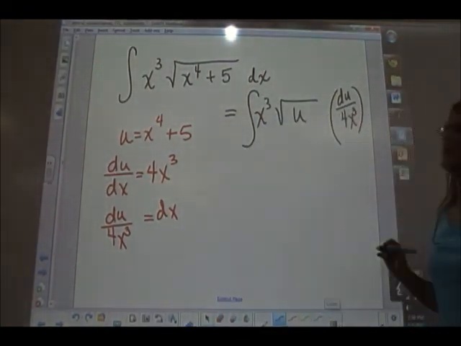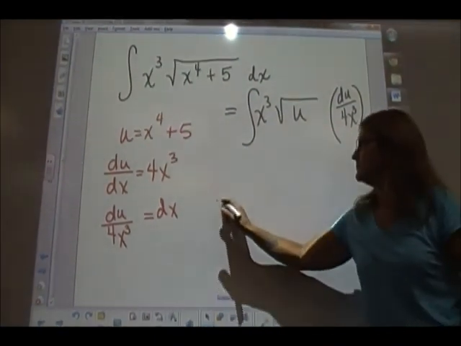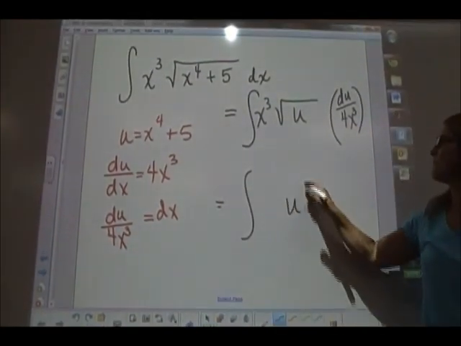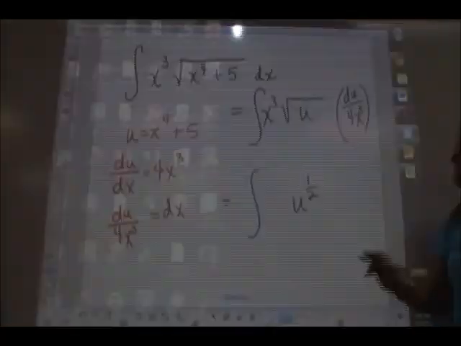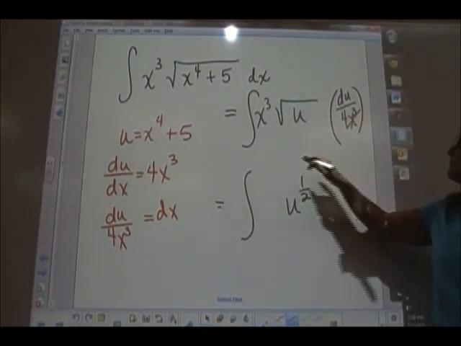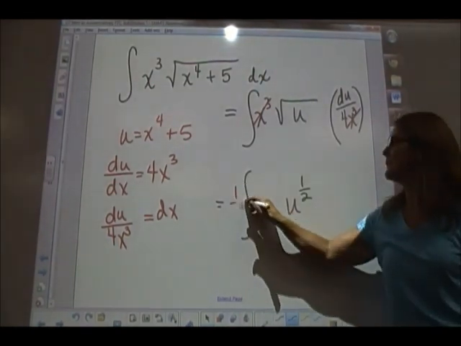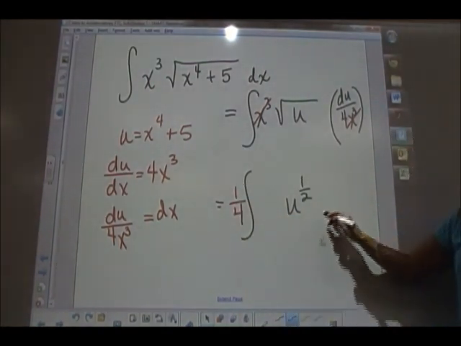Can we just raise that to the 1.5? Okay, you want me to change that to the 1/2 because I don't have a radical. All right, what else? And cancel out that x. Oh, the x cubes. Good. And the 1/4 comes out front.